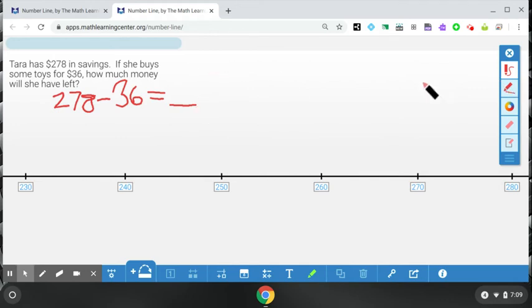Okay, so let's draw our base 10 blocks. We know we need 2 hundreds. We need 7 tens. And we need 8 ones.